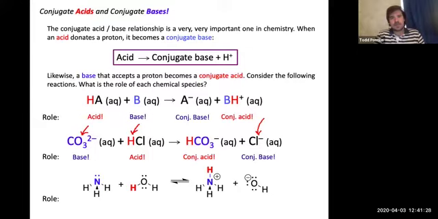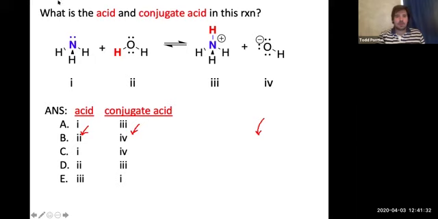Okay, so this next one, the question is, what is the acid and what is the conjugate acid in this reaction here? So take a moment. In order to answer this question, write out the role of everything. So write out what the acid is, write out what the base is, write out what the conjugate acid is, write out what the conjugate base is, and we will have a poll to answer it.